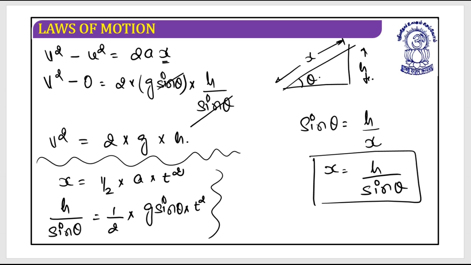And the time t could be written as the square root of 2h by g sin square theta. That's it.